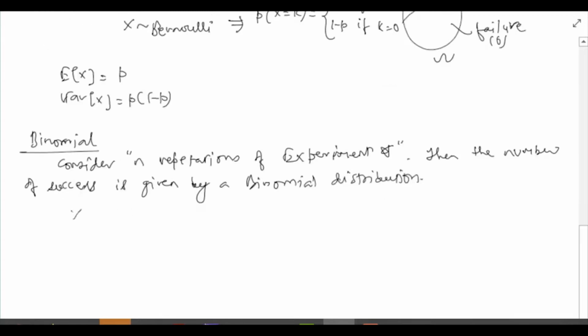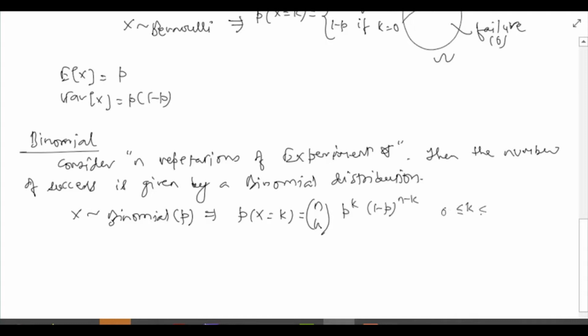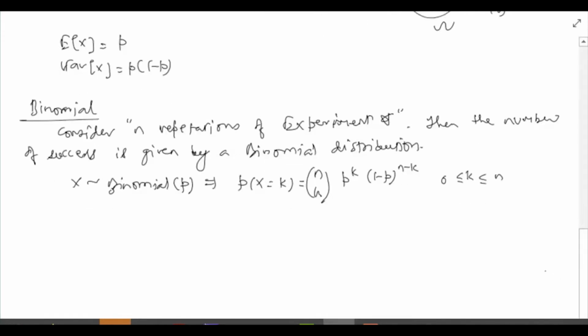Okay, so when we say that X has binomial distribution with parameters n and p, what we mean is that the probability mass function of this random variable is P_X(k) equal to n choose k, p raised to k, 1 minus p raised to n minus k. Here k is varying between 0 and n. When we do n repetitions, the number of successes could be anything between 0 and n.